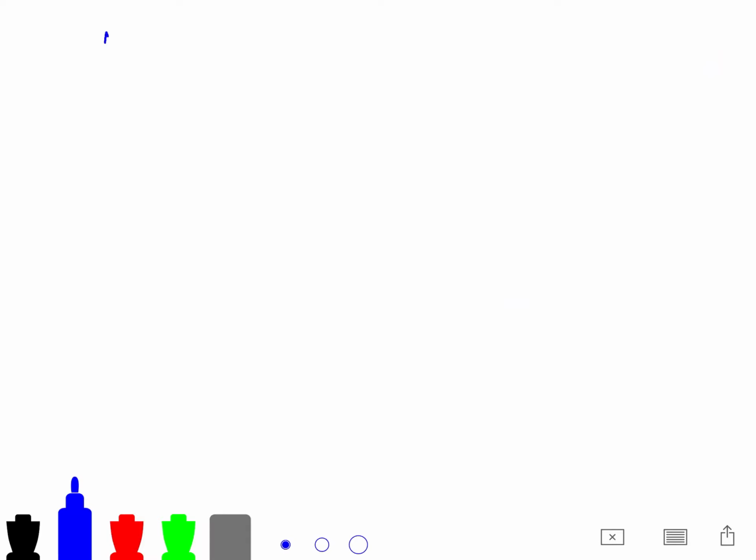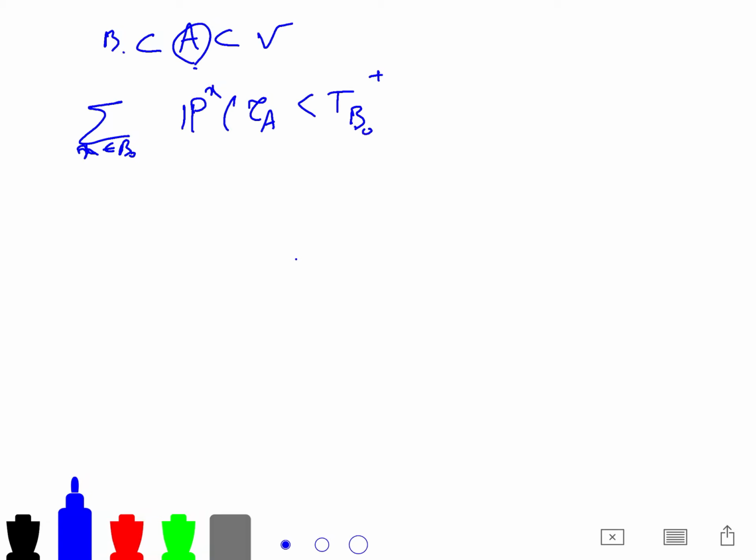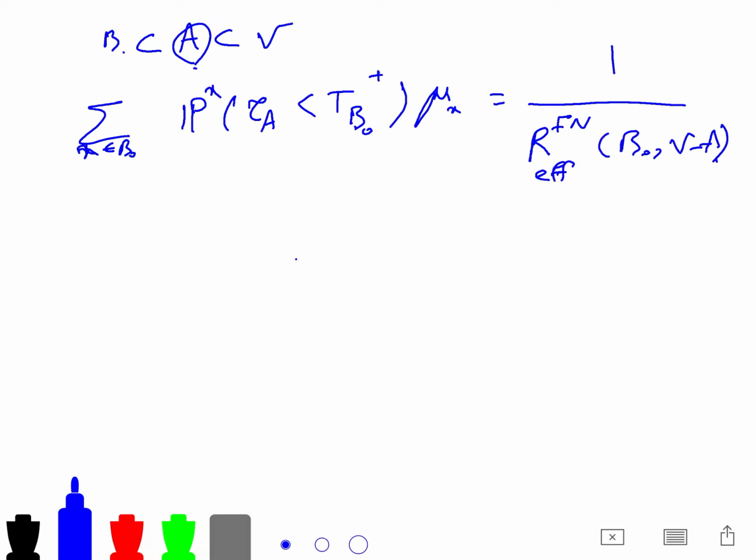So the theorem says that if B0 is inside A and it is inside V with A finite, then we want to prove that if we sum over all points x inside B0 the probability that tau A is less than the time to return to B0, multiplied by mu x, it is the inverse of the finite network effective resistance of B0 and V minus A. And also we want to prove that the finite network effective resistance of X0 and V minus A is equal to G_A of X0 and X0.